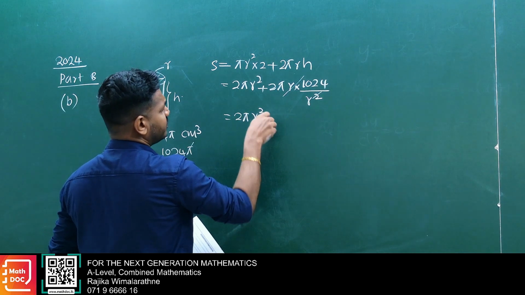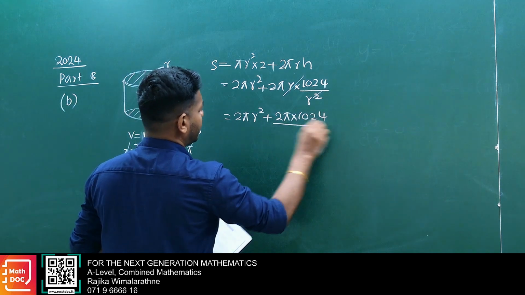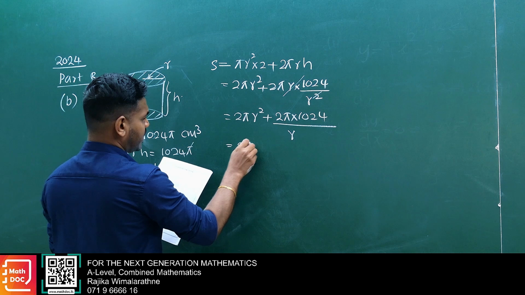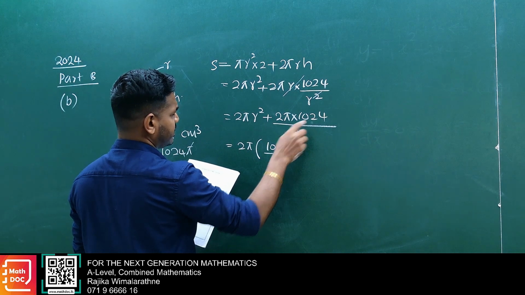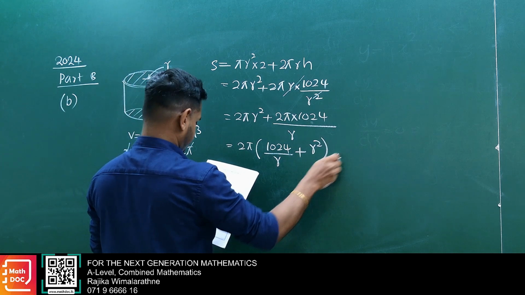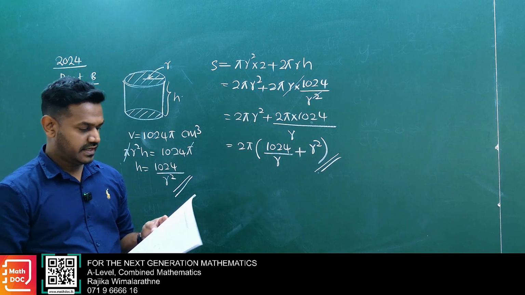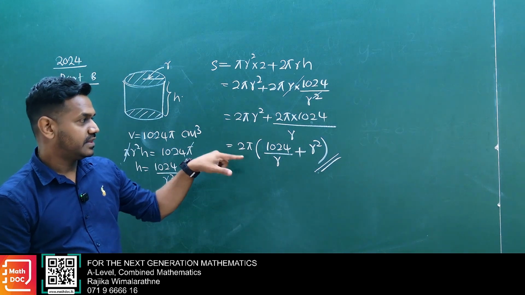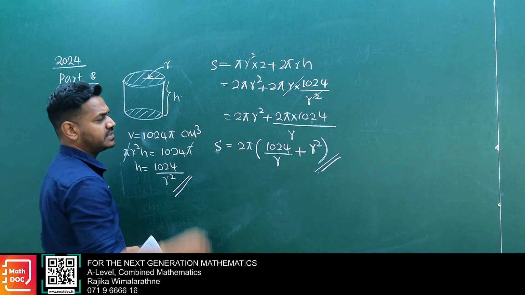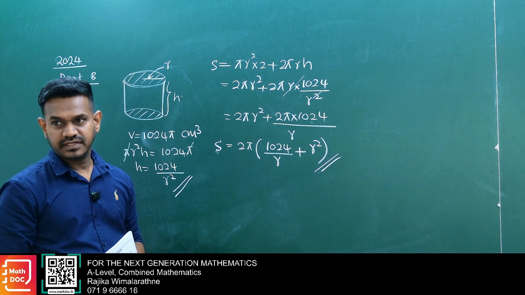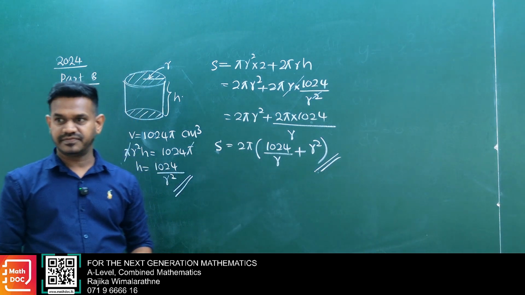So 2 pi r squared plus 2 pi times 1024 over r. Then take 2 pi outside: here 1024 divided by r and here r squared. The radius r is positive. Then here this function, the surface area function, varies with respect to R.